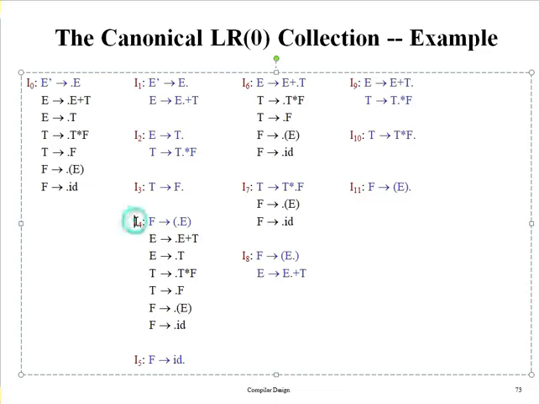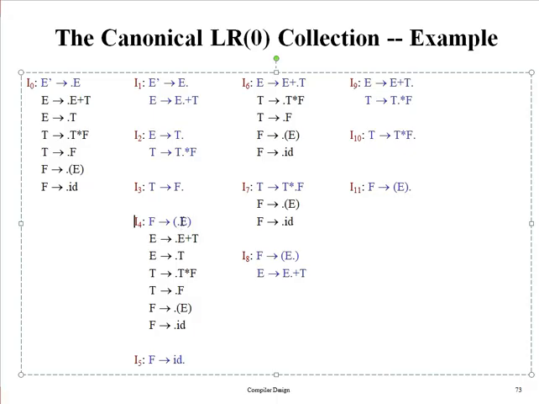For I4 we are applying the goto operation on I0 with the parameter opening bracket. So here F derives opening bracket dot E closing bracket.